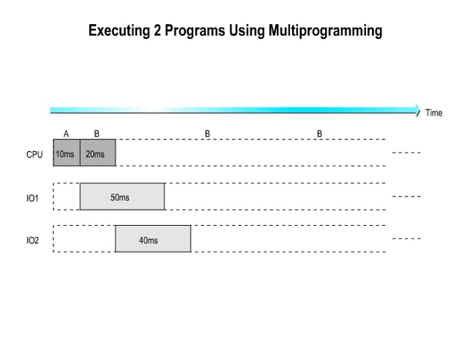If the CPU executes Program A for 10 milliseconds and a single IO1 operation takes 50 milliseconds, and Program B is executed for 20 milliseconds and a single IO2 operation takes 40 milliseconds, what will the timing chart look like? We assume if either Program A or B can be executed, Program A will be executed first. In other words, priority is given to Program A.